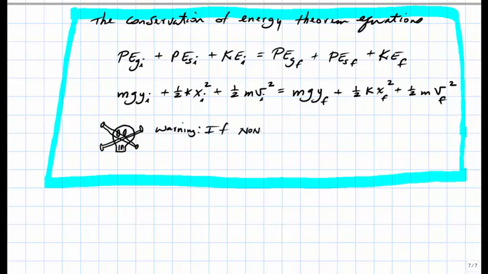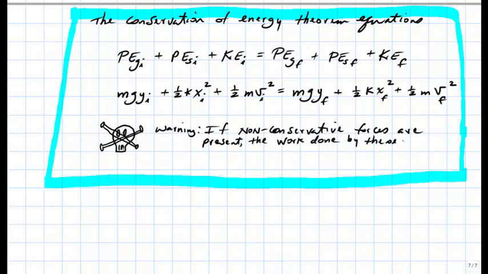If non-conservative forces are present, the work done by these forces must equal 0.